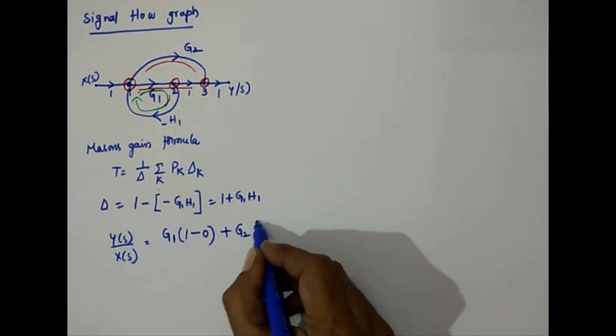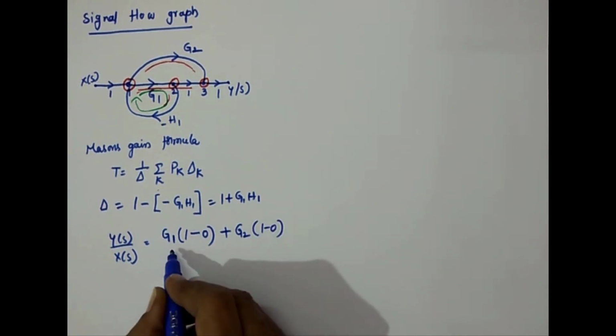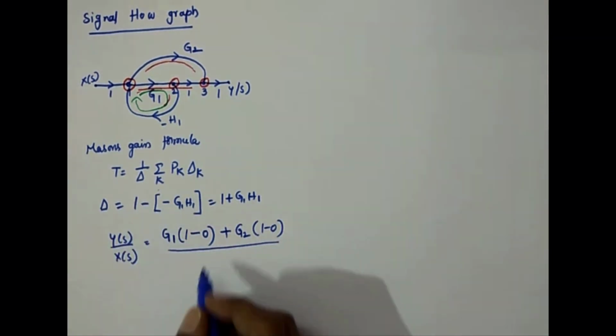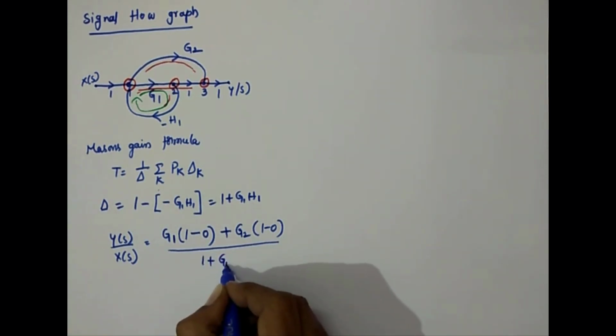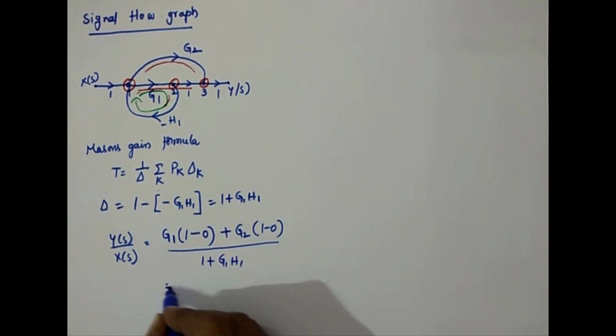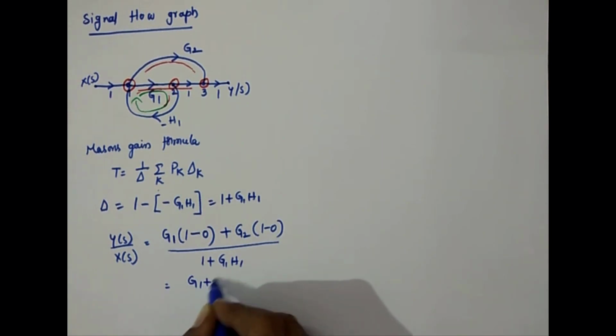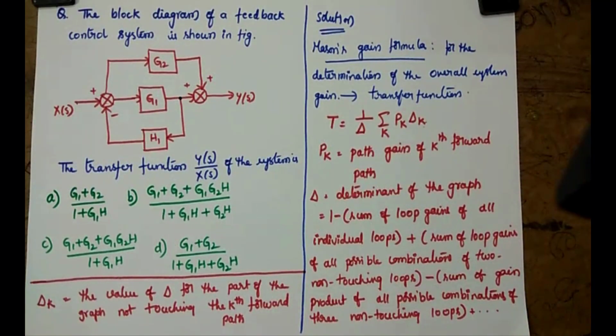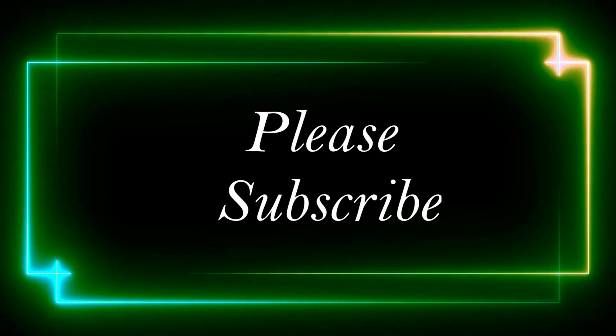So hence G2 of 1 minus 0, divided by delta you have to write. What is that? 1 plus G1 H1. So what is the answer? G1 plus G2 by 1 plus G1 H1. So now what is the answer here? And the options? The answer is yes.